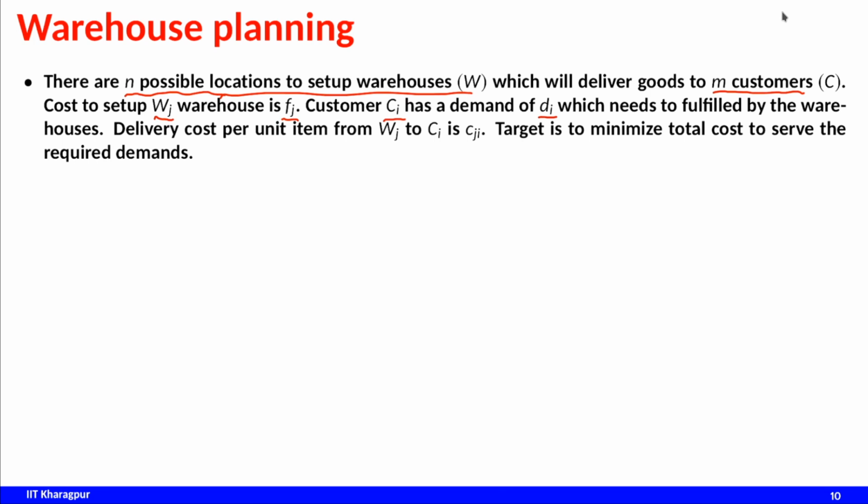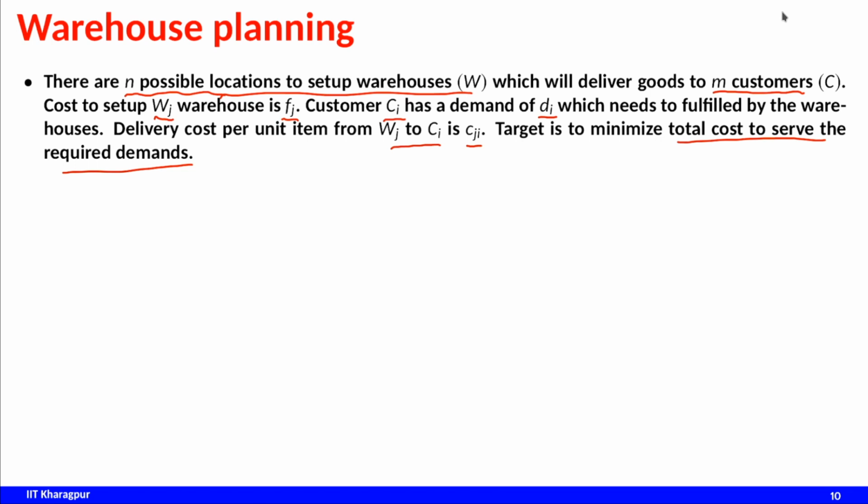The delivery cost per unit item from wj to ci is cji.